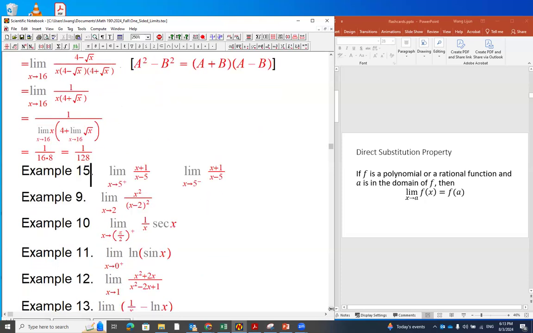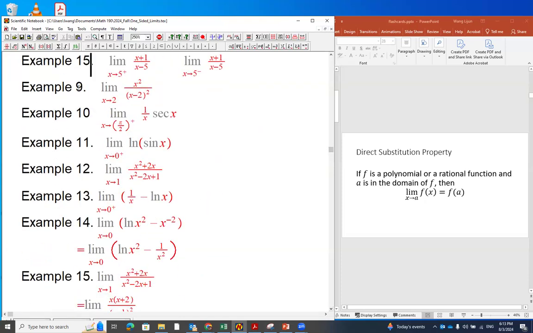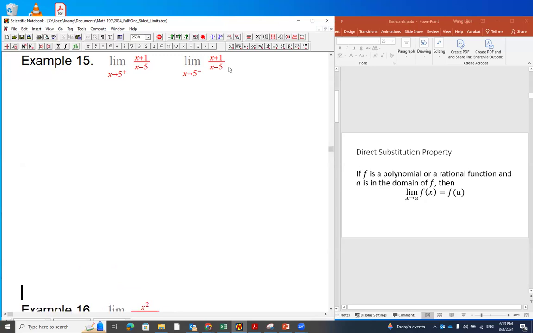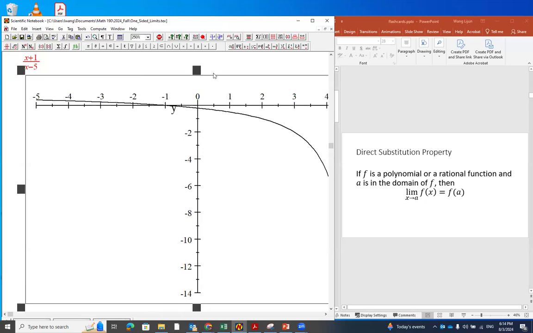I've got to renumber them. This is 16. In question number 15, we look at 2 limits. We're going to do 2 limits mainly for the comparative effect. We know that this is nothing to be reduced, but if we look at the picture of this function, we have the same function.